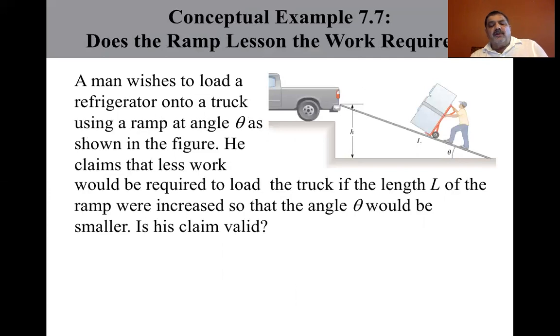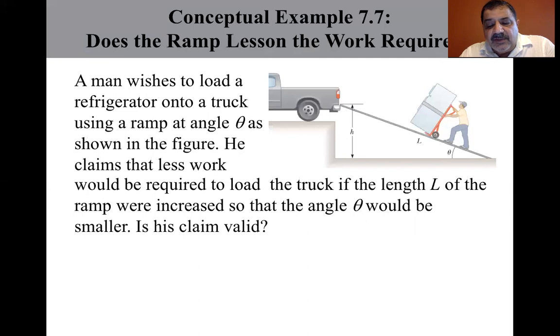Well, let's suppose the refrigerator is wheeled on a hand truck up the ramp at a constant speed. In this case, for the system of the refrigerator and the hand truck, delta K equals 0. The normal force exerted by the ramp on the system is directed at 90 degrees to the displacement of its point of application, and so does no work on the system.